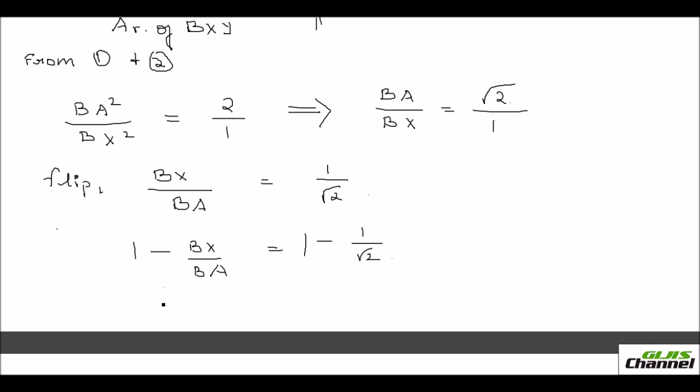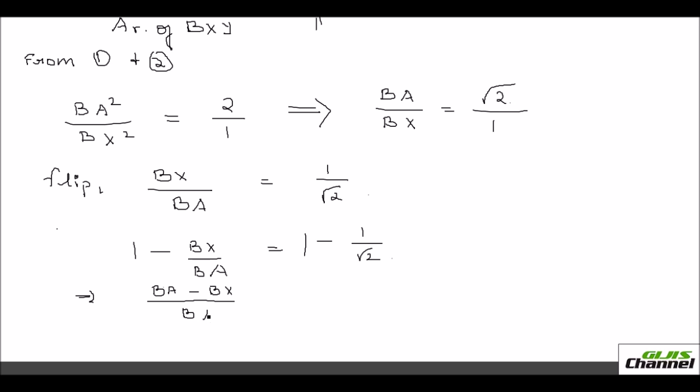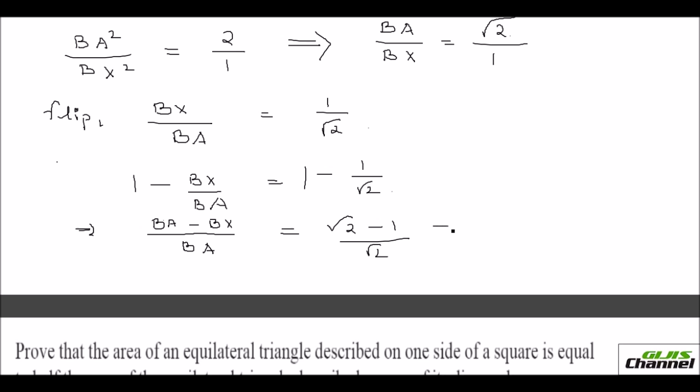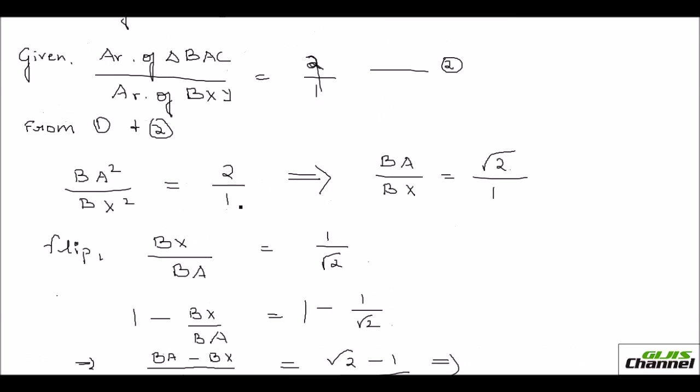So here you get BA minus BX over BA is equal to, this side, root 2 minus 1 over root 2. Okay. So this is nothing but, what is BA minus BX?